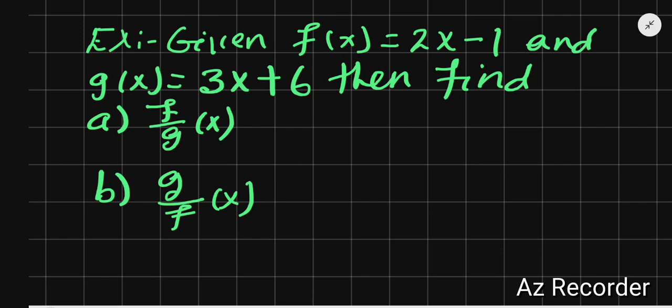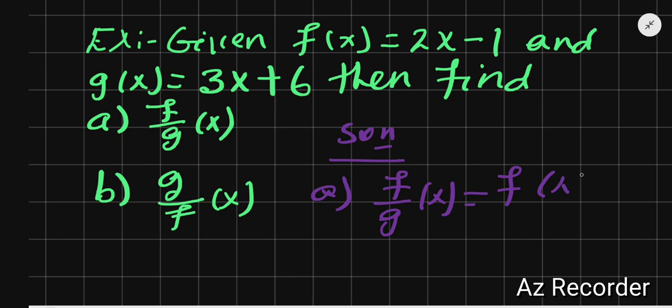Now this is the question. Let's start finding the solution. Okay, solution for a: we are asked to find f over g of x. This is the same as f of x over g of x.